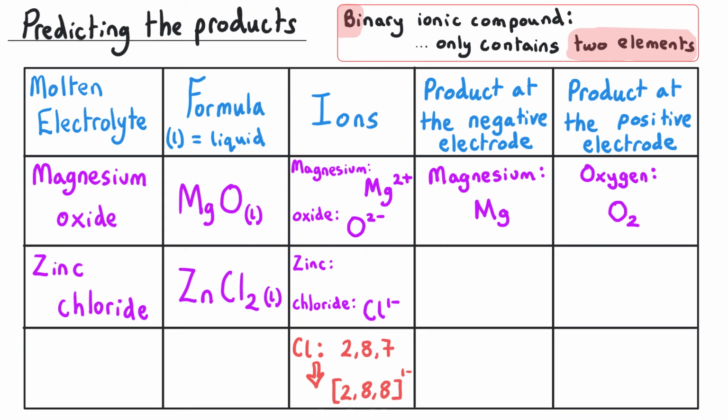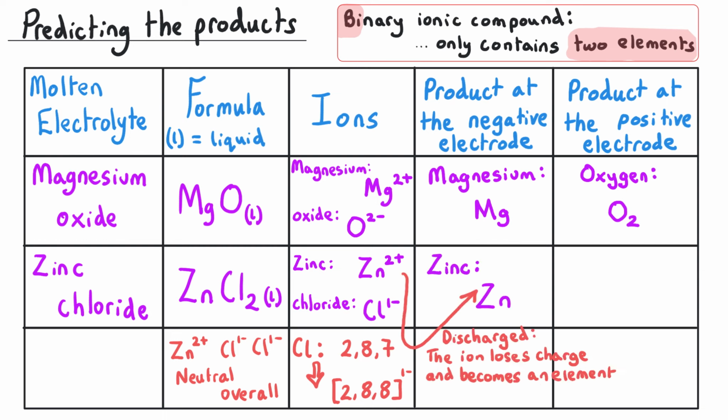Zinc, therefore, must be a 2+ ion. We can't work that out from the position in the periodic table, but we can work that out because it is bonded with 2 negative chloride ions. Its positive charge must be cancelling that out. And then the positive zinc will go to the negative electrode, and that's where it will lose its charge. It will be discharged. And the chloride ions will move to the positive electrode and will make the element chlorine.